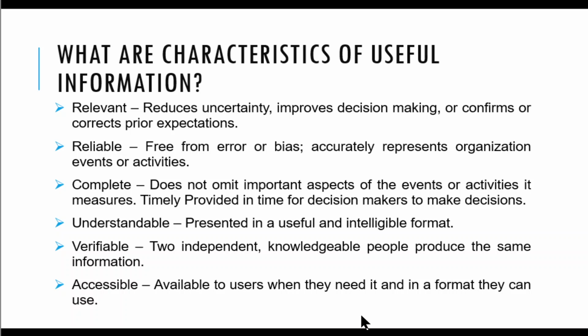It should also be understandable, presented in useful and intelligible format, verifiable. Two independent, knowledgeable people produce the same information, and it should be accessible, available to users when they need it, and in format that they can use.